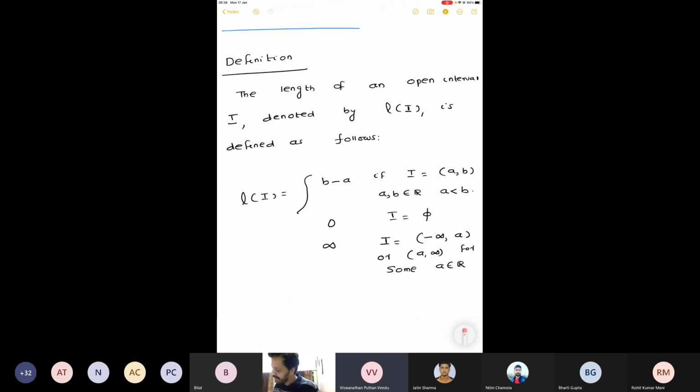And also, I will define it to be infinity if I is whole R, (minus infinity, infinity). Okay. So this is my definition of length for an interval.